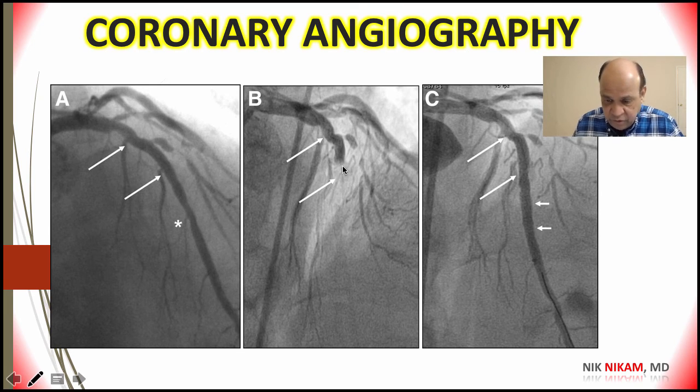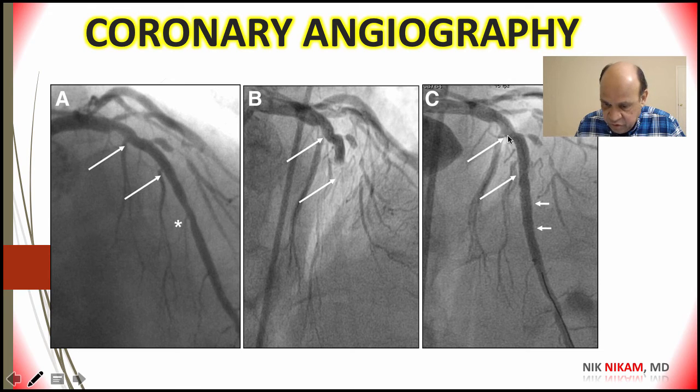That's an inference. In these situations, again, you put a guide wire through this one. You open up with a balloon, and later on, another stent is placed. And if there is a stent already, we can try to expand the stent. And in most cases, they may end up getting a stent on top of a stent.